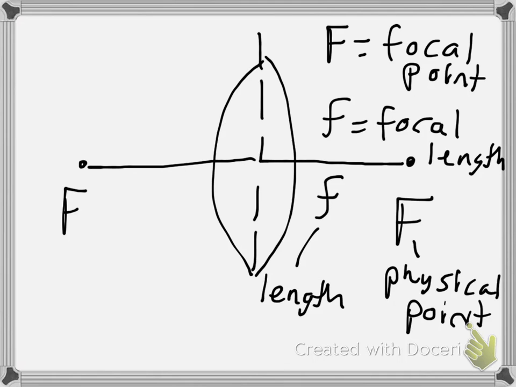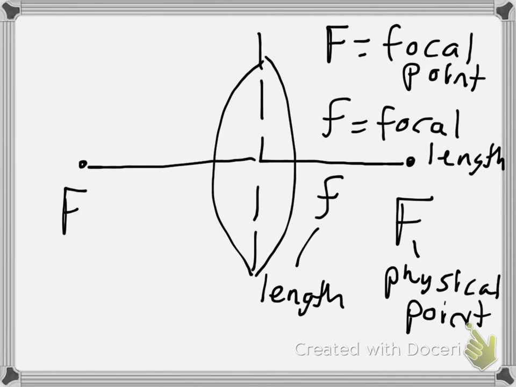Okay. So now how do we actually determine, if I have an object that's shining light rays through the lens, where the image of that object will be formed?